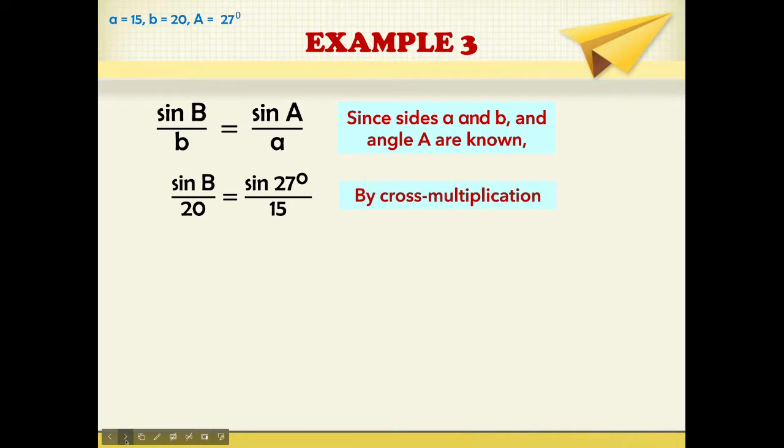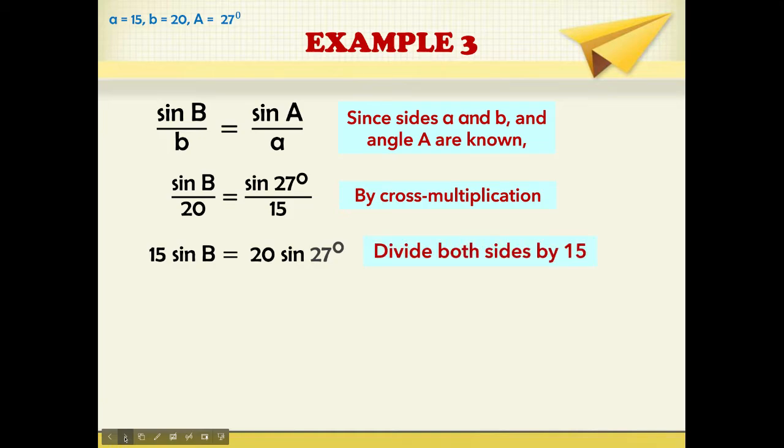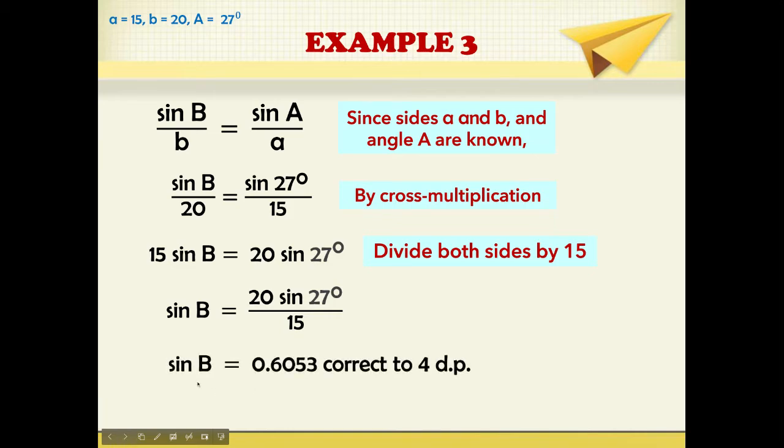By cross multiplication, we will get 15 sine B equals 20 sine 27 degrees. Dividing both sides by 15 will give us sine B equals 20 sine 27 degrees over 15. Therefore, sine B will be equal to 0.6053, correct to 4 decimal places.